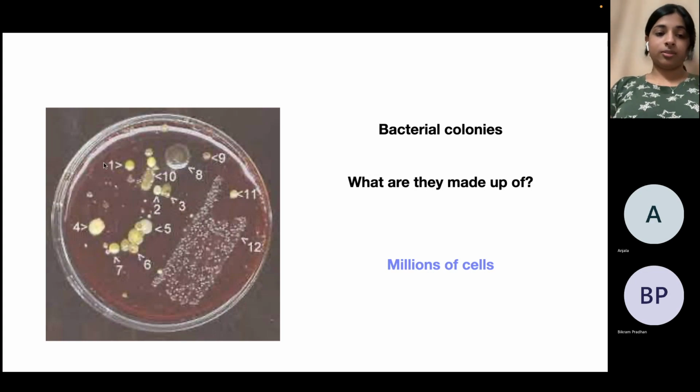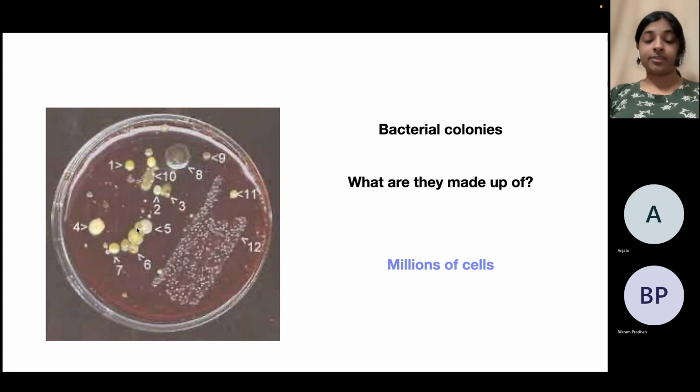You can see here, it's a Petri dish containing different types of colonies of bacteria or fungi. These colonies are what is visible to our naked eye, because bacteria and fungi are often microscopic creatures and you cannot often see them. In this dish, there are different types of colonies of different colors, different shapes, different sizes, and often these are a characteristic of a species.